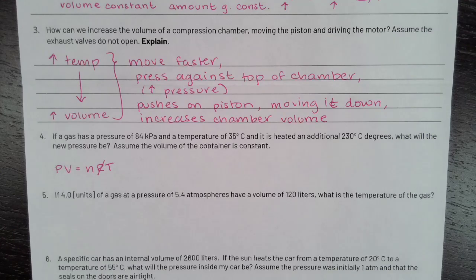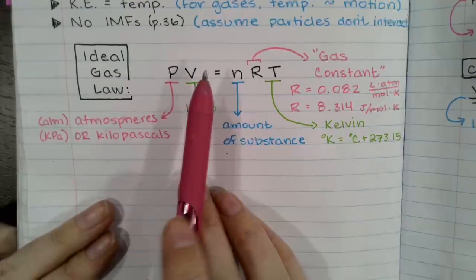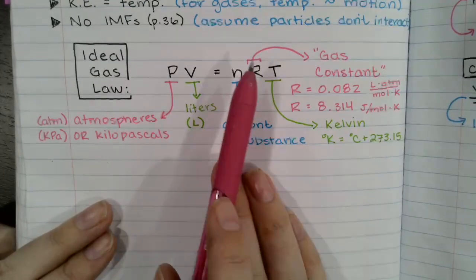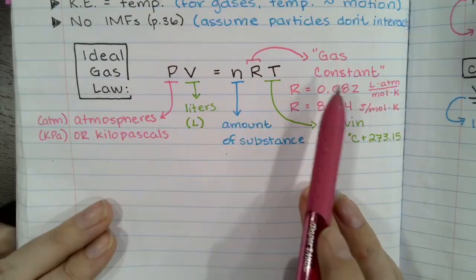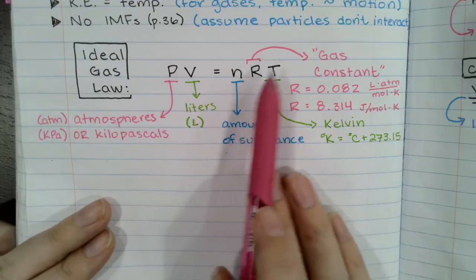So that's perfect. If you turn to page 66, you will see all of these explained. P is pressure, V is volume, n is amount of substance. R is a gas constant. It's literally a number that's inserted so that the math works.